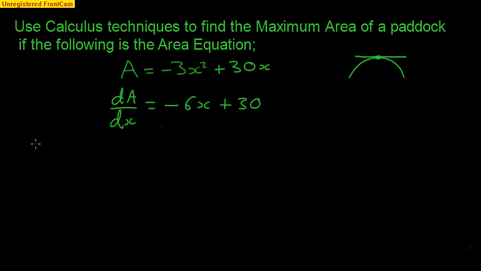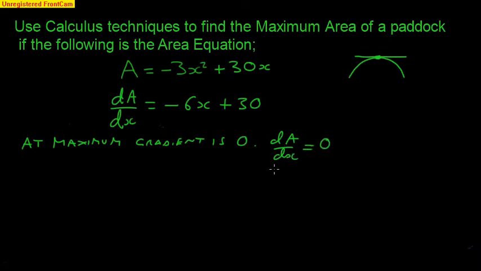Then we need the very important statement, and that is that at the maximum, the gradient is 0. And what that means is that the gradient equation is equal to 0.